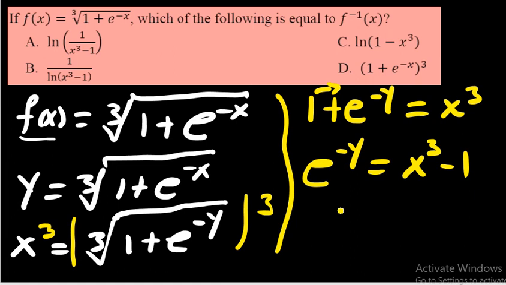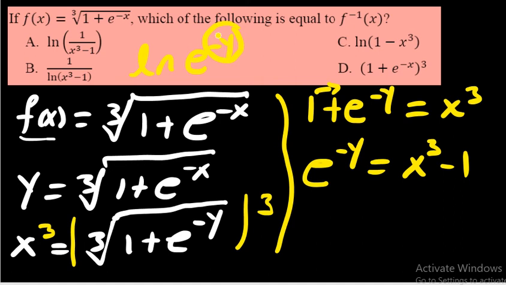Next step, we have to take ln of both sides. Because ln x is the same as the logarithm of x to the base e. So if I take ln of both sides, the left hand side is going to be ln of e to the power of negative y.